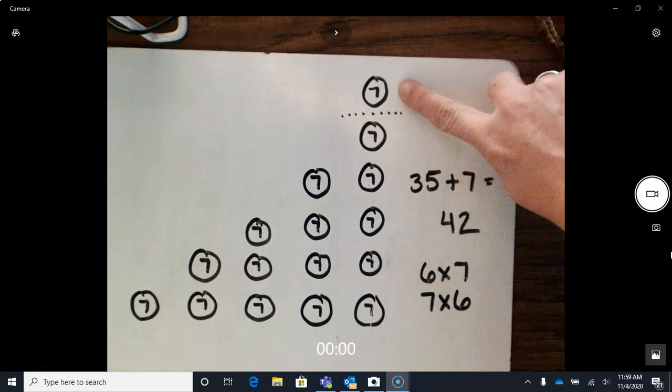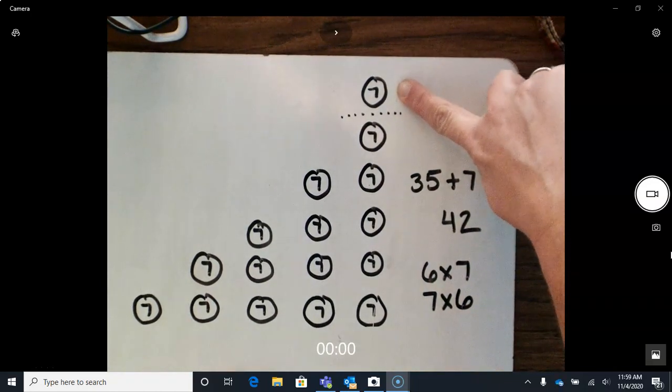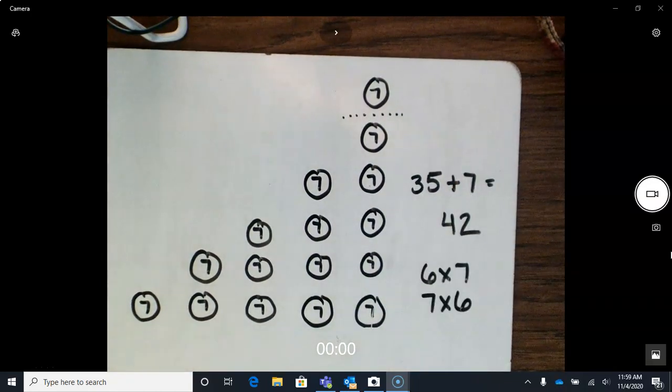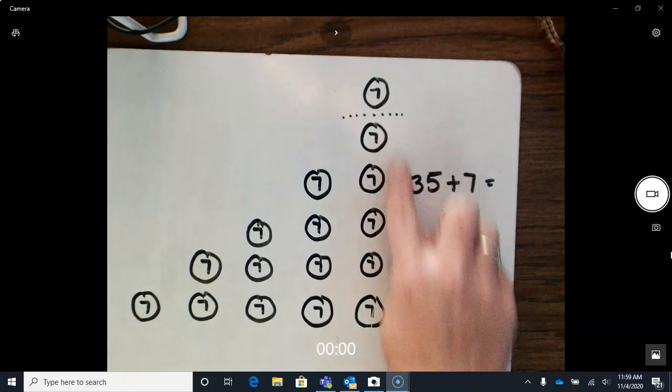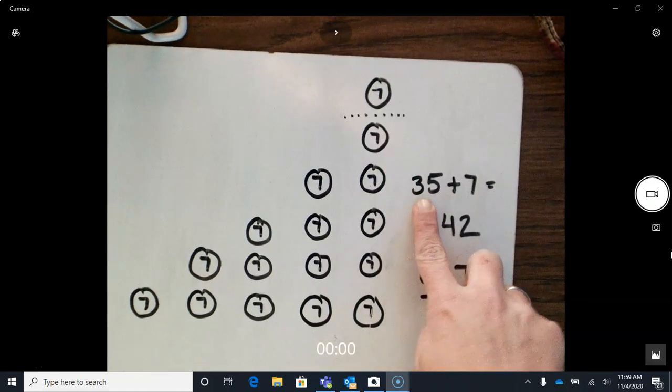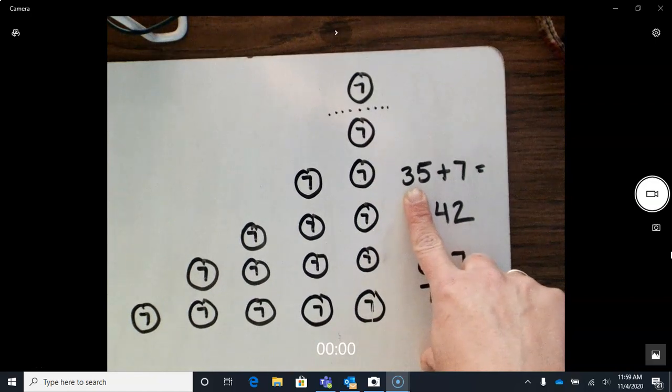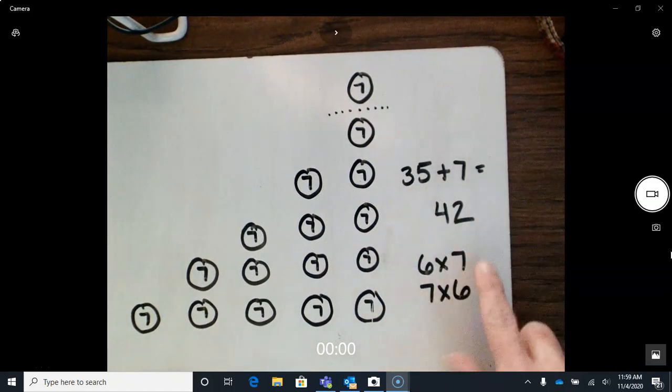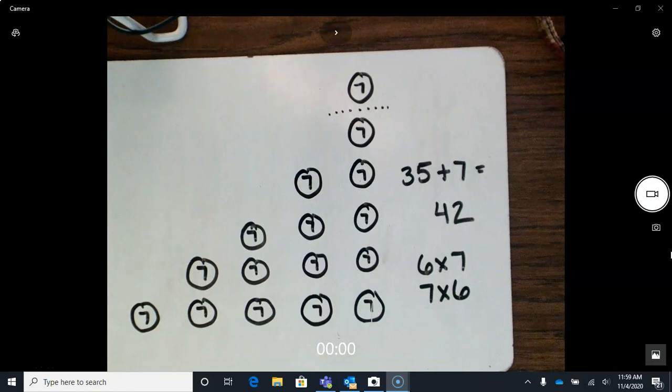We just added one more unit of sevens to the top. Good job. So by noticing that 6 times 7 is only one more group of 7 than 5 times 7, we use the total of 5 times 7, which is our 35, to help us make an easy addition problem to help us find 6 times 7.